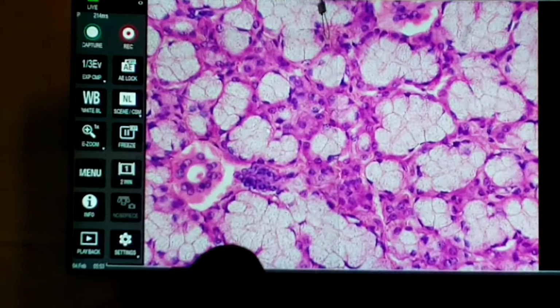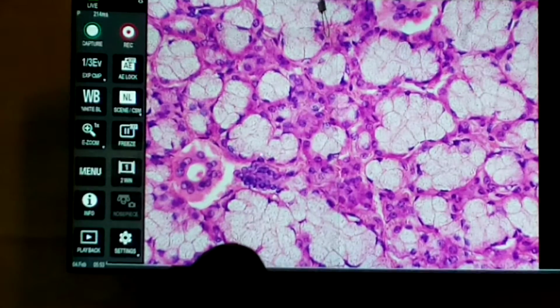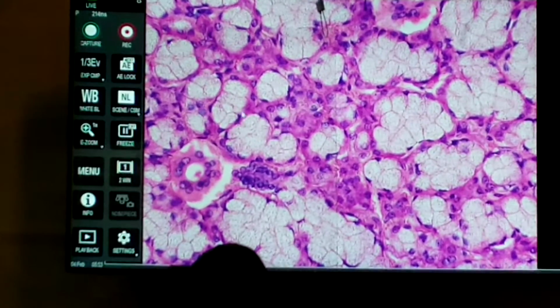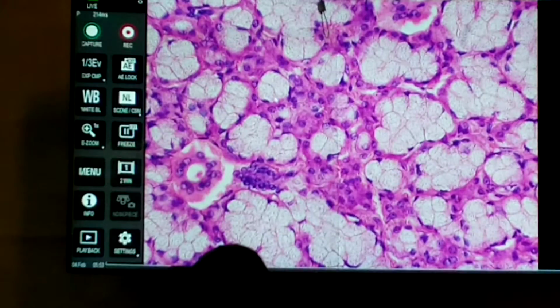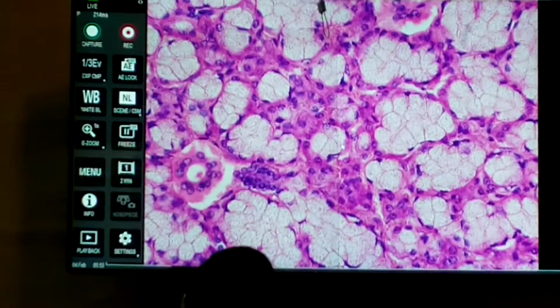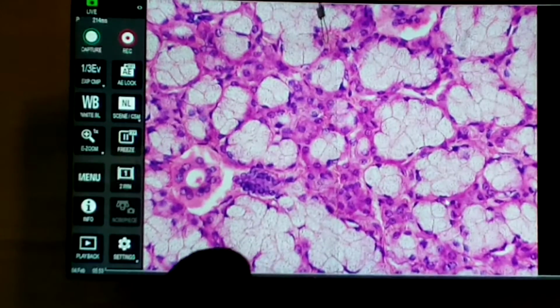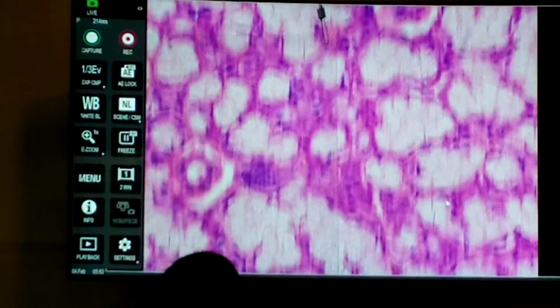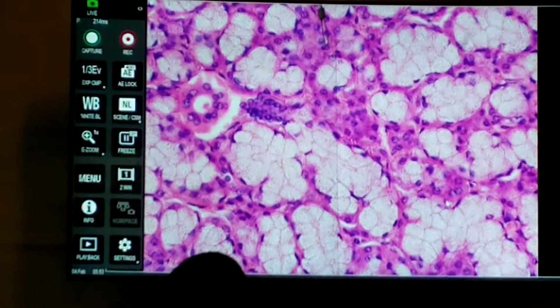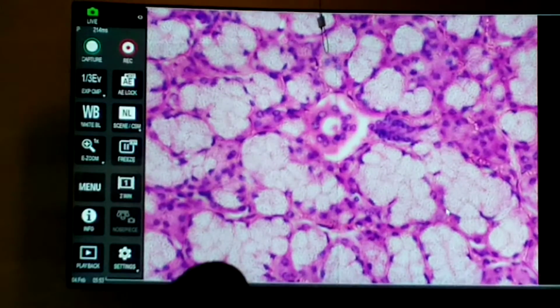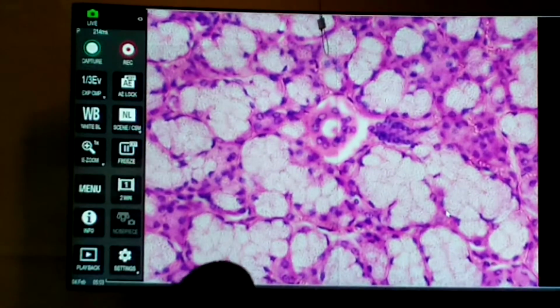The cytoplasm is very light. The nuclei are compressed. Here's another secretory unit. Here's another secretory unit. So the sublingual gland is a salivary gland that has mostly mucus secreting glands that lubricate within the mouth. This would be a duct.